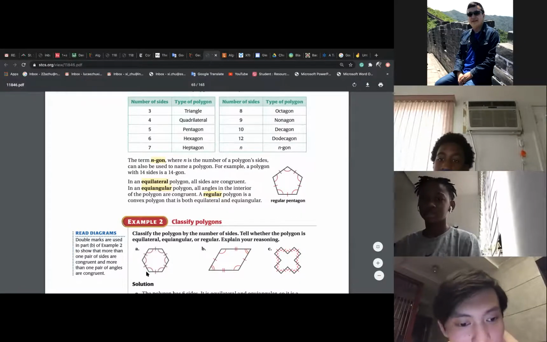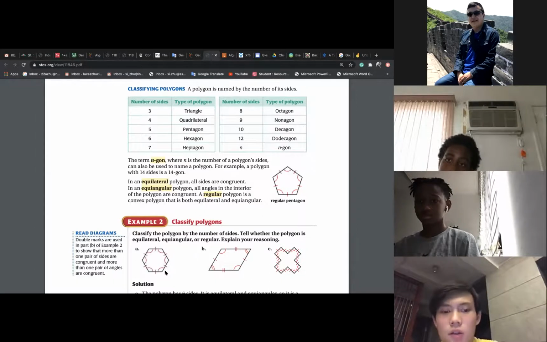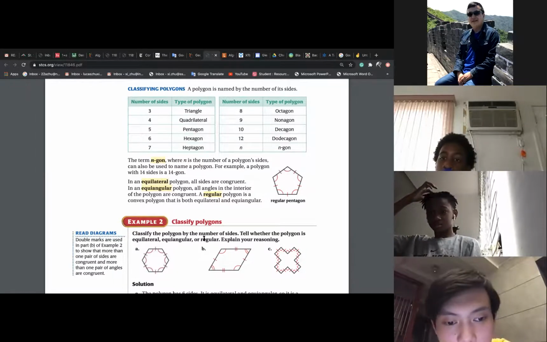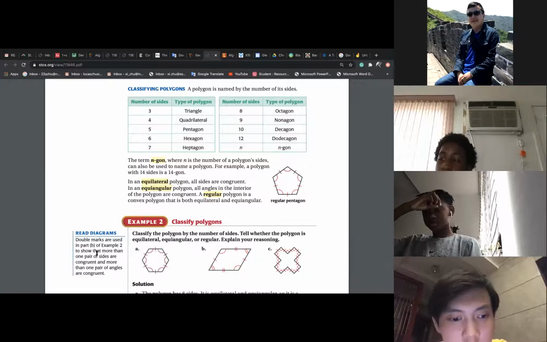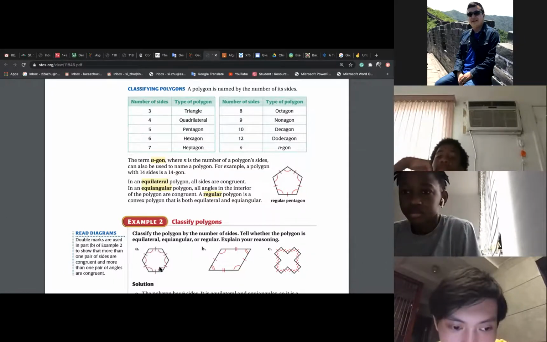Oh, that's a hexagon, because it has 6 sides. And whether the polygons are equilateral, equiangular, or regular. Regular, yes, because you know that they're both equilateral and equiangular.